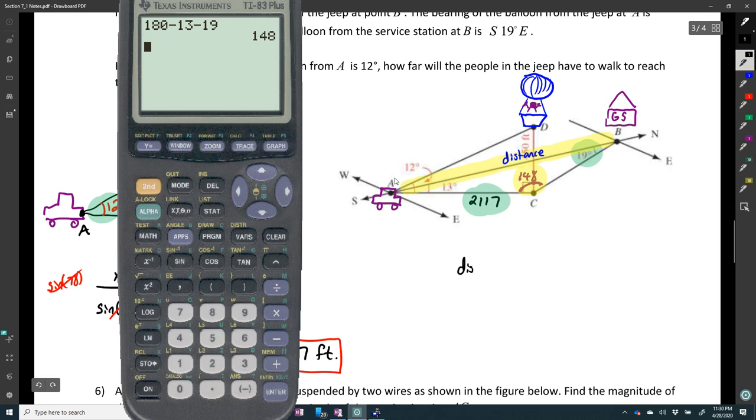So my distance over the opposite angle is 148, is equal to 2,117 over sine of 19. Sorry, I told you to lie to you. The distance over sine of 148.